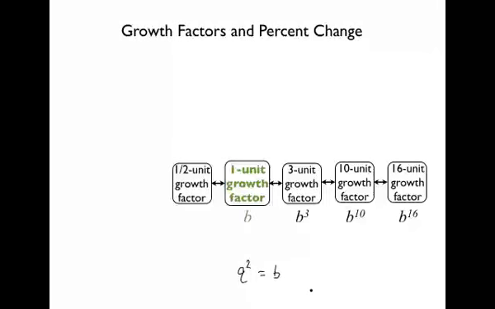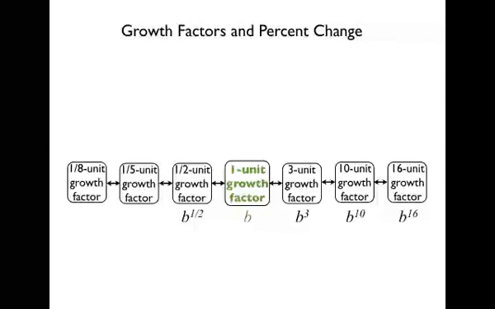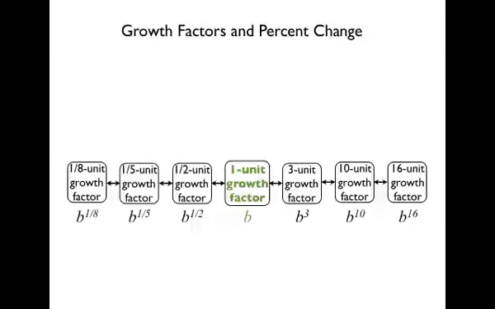If it's the 1/2 unit growth factor, then Q times Q would be the same effect as B. So Q is B to the square root, or B to the 1/2, right? Okay, similarly, 5th unit growth factor, 8th unit growth factor, B to the 1/5, B to the 1/8, okay?